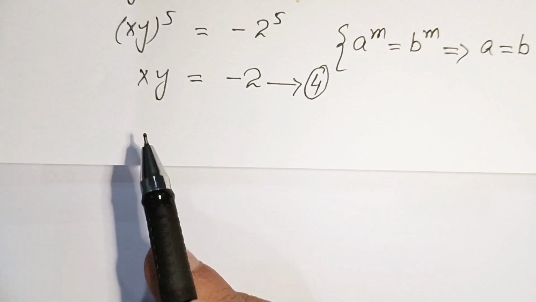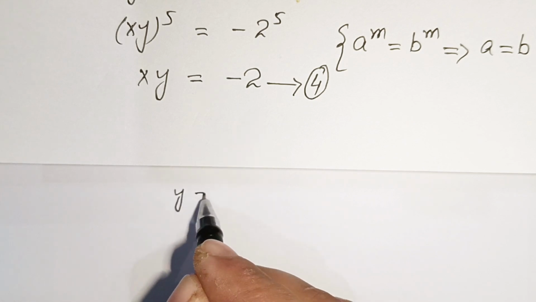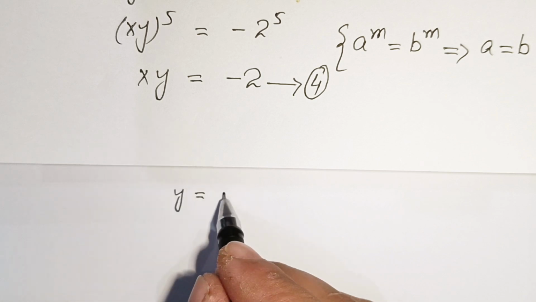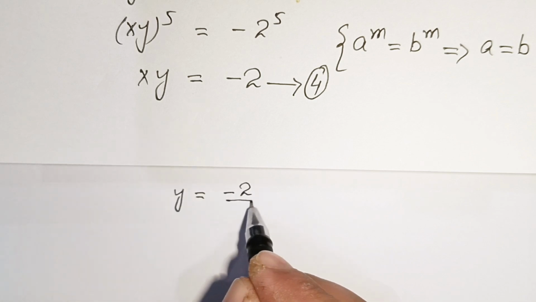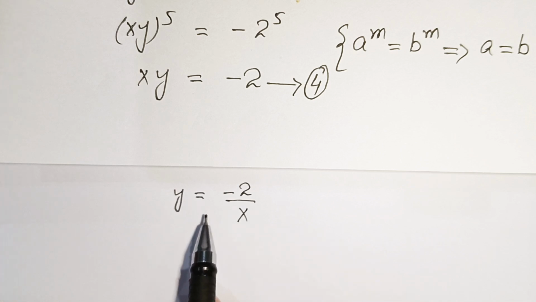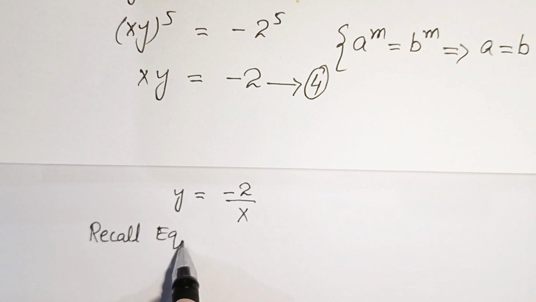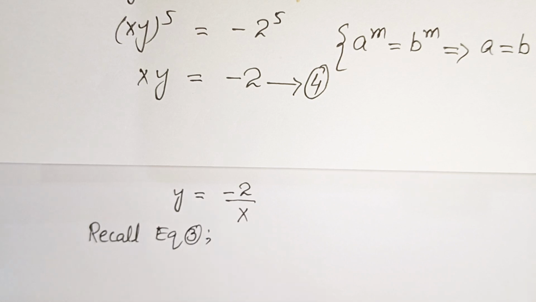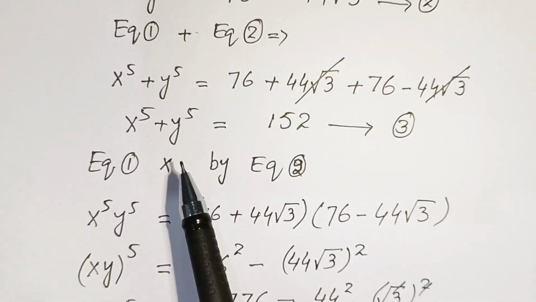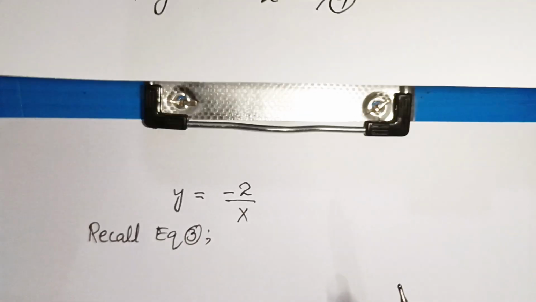Here we have x times y is equal to minus 2, and if we find the value of y, dividing by x on both hand sides, we have y is equal to minus 2 over x. So if we put this value of y in our equation number 3, we have to recall equation 3, which is x to the power 5 plus y to the power 5 is equal to 152.